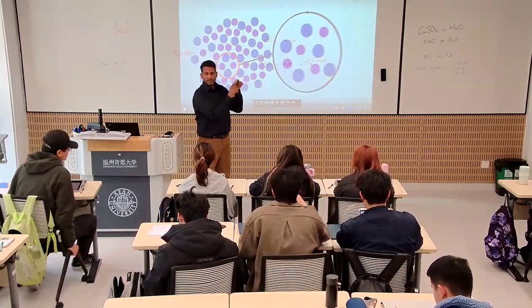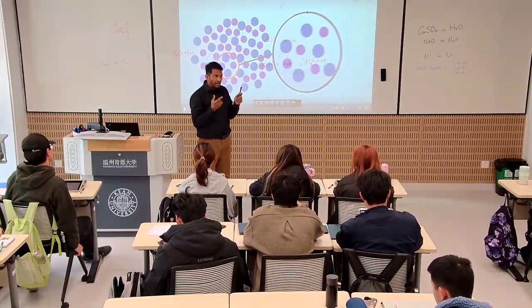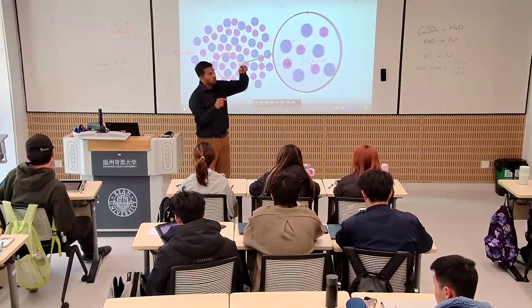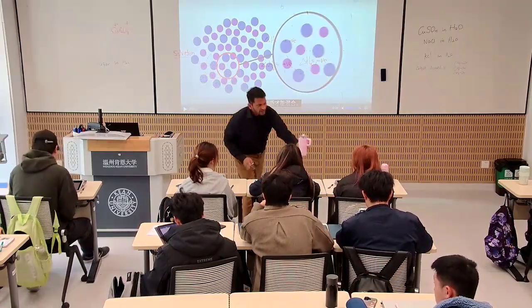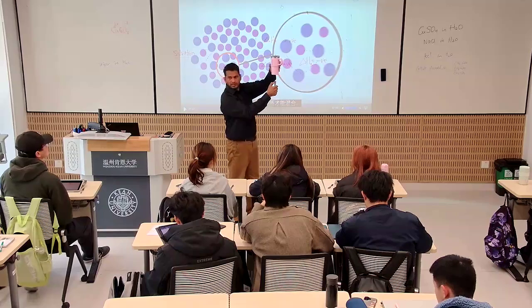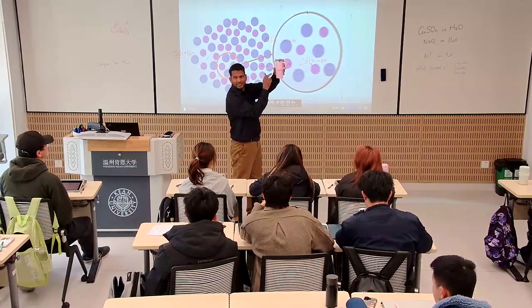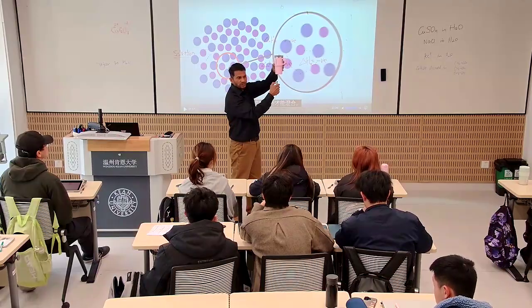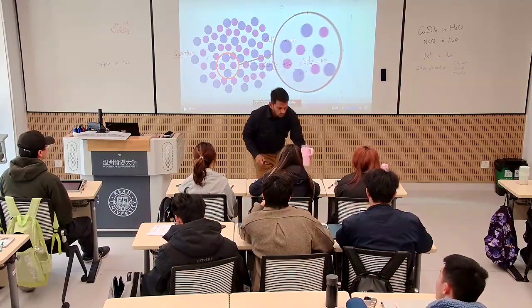So this burning process is exothermic, heat is going to the surroundings. Endothermic means heat is going from the surroundings into the system. For example, if you are heating with a burner, heat goes from the surroundings into the system. So this process is endo or exo? Endo.